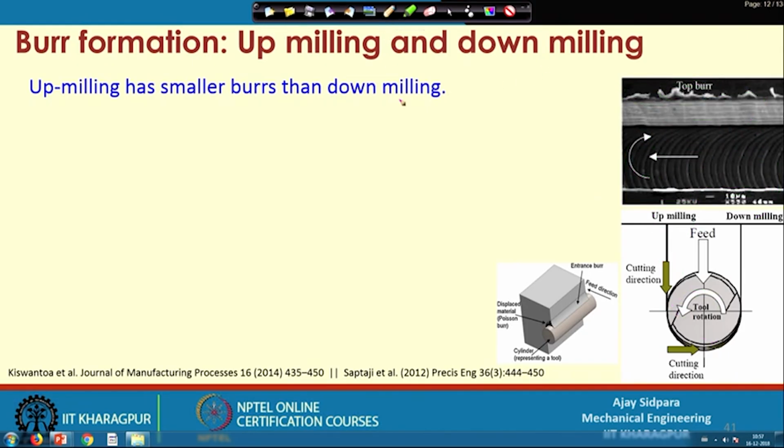For that, we have to understand how the tool is approaching the workpiece. Now, this is our cutting tool and this is the edge. Consider that your tool is moving in this direction, and this is the material available.